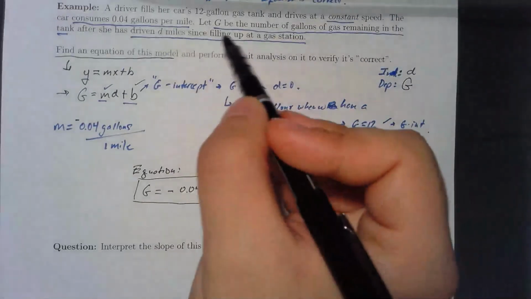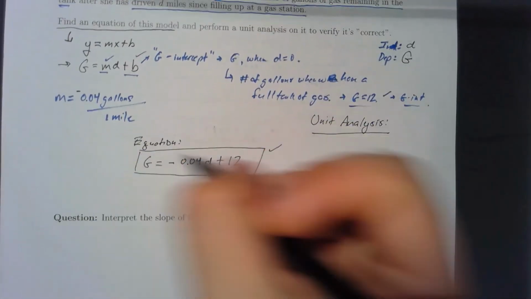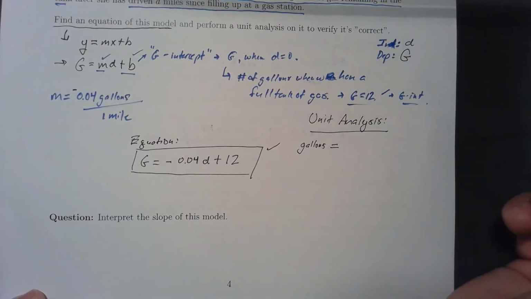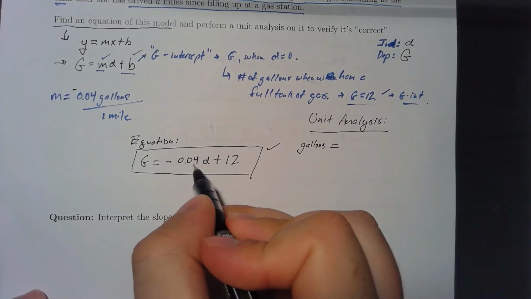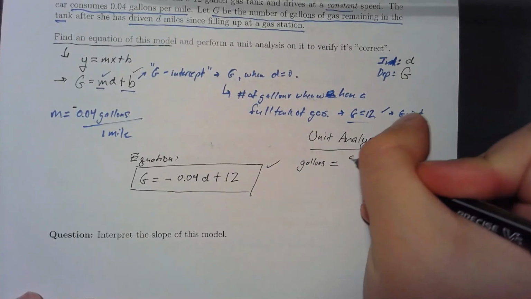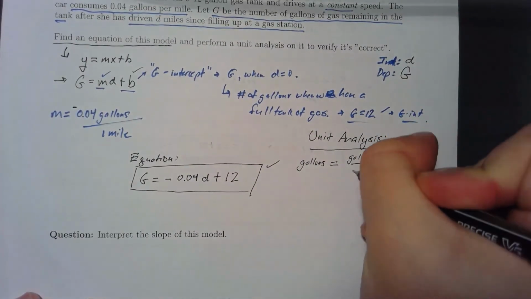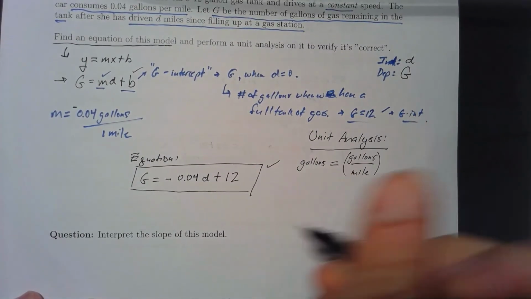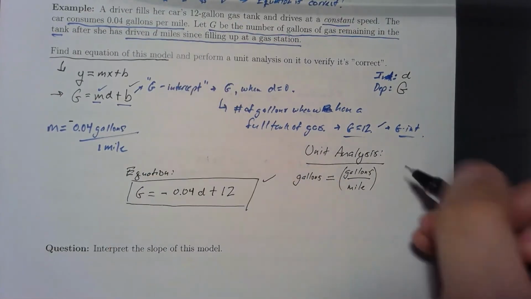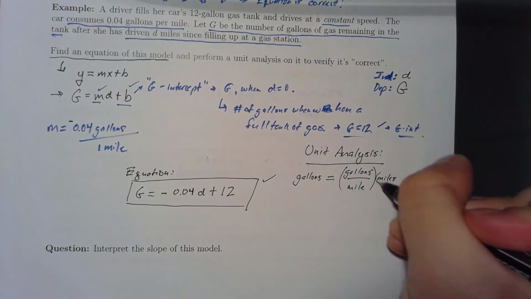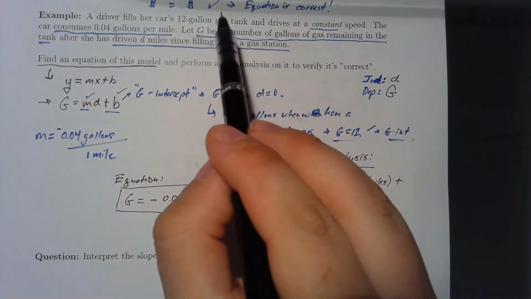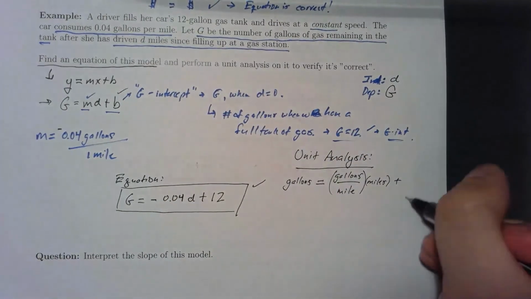G is the number of gallons in the gas tank, so the left-hand side of my equation is going to be gallons. What are the units of negative 0.04? We have it right here: gallons per mile. That's being multiplied by D. What are the units of D? Miles. Plus, what are the units of 12? Well, 12 is a gallon gas tank, so the units are gallons.